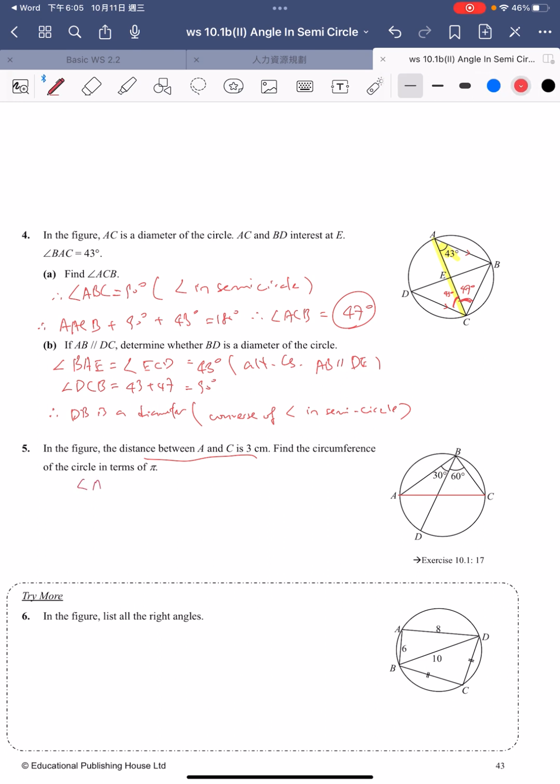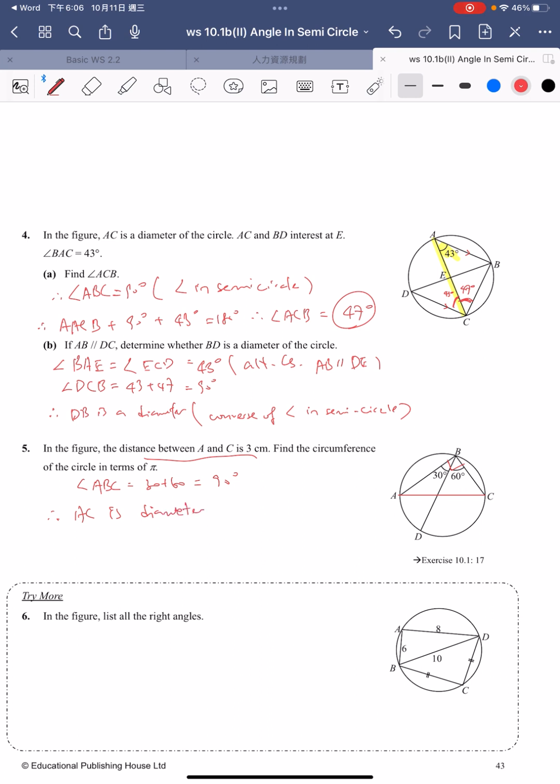So first of all, we can write the angle ABC is equal to 30 plus 60, which gives you 90 degrees. So now we have this is 90 degrees, which means that AC is going to be the diameter.